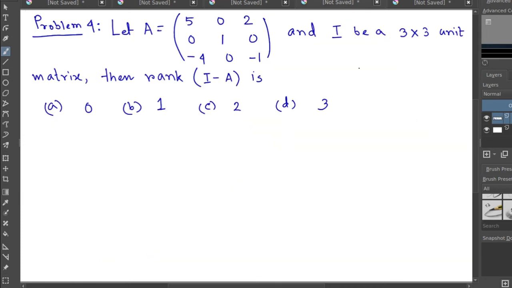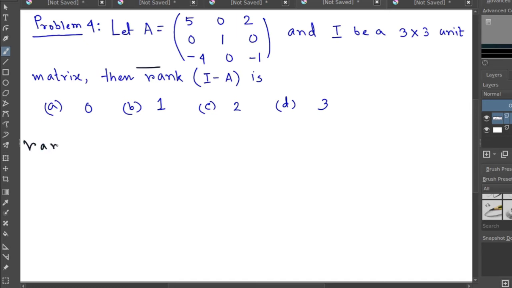Let's go to the fourth problem: A is a 3 cross 3 matrix defined as this, and I is a 3 cross 3 unit matrix, then the rank of I minus A. First of all, I guess you all know the definition of rank.